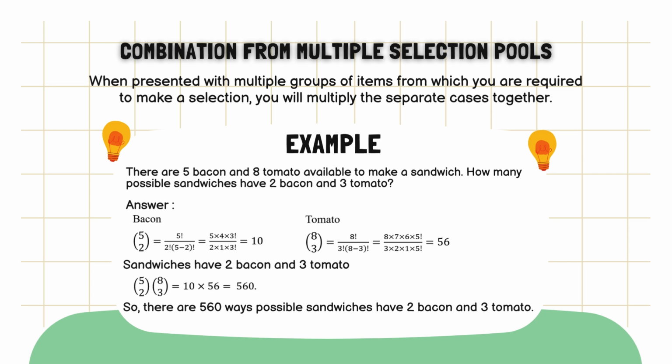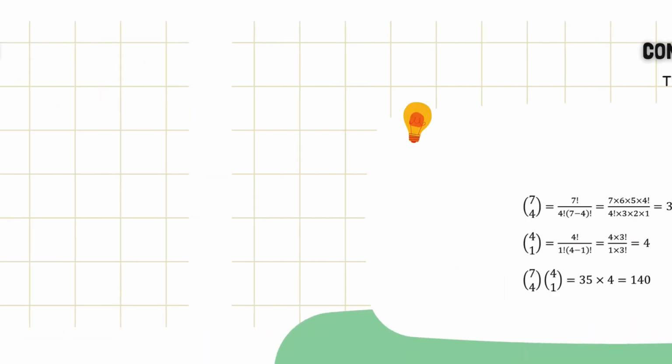So the answer, we will multiply the combination of bacon and tomato. For bacon, combination 5 choose 2. So there is a 10. From tomato, combination 8 choose 3. So it is 56. We multiply 10 and 56, so there are 560 possible sandwiches that have 2 bacon and 3 tomato.